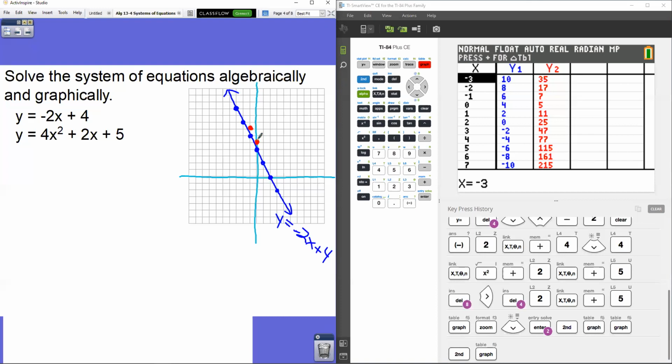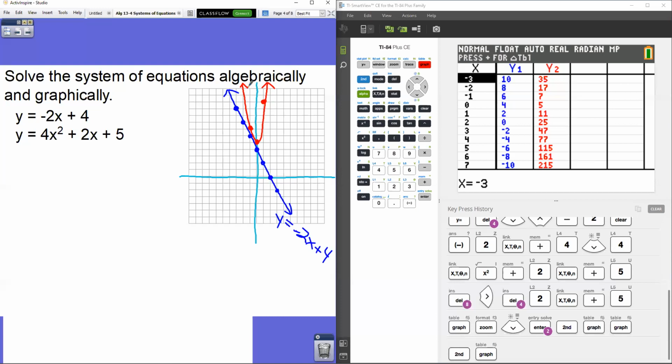Over to 1, up 1, 2, 3, 4, 5, 6, 7, 8, 9, 10, 11. So those are the only points that really fit there. I know from looking at it, it looks like this. That's why it's always good to hit that graph button and see what it actually looks like.